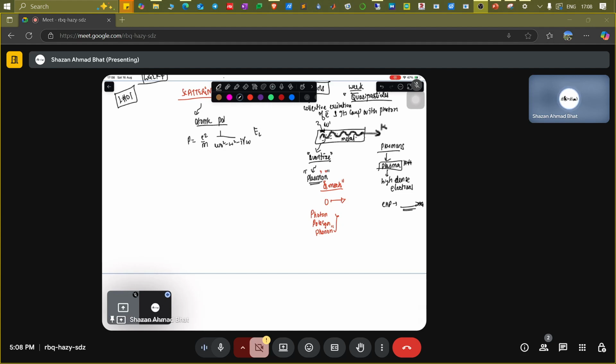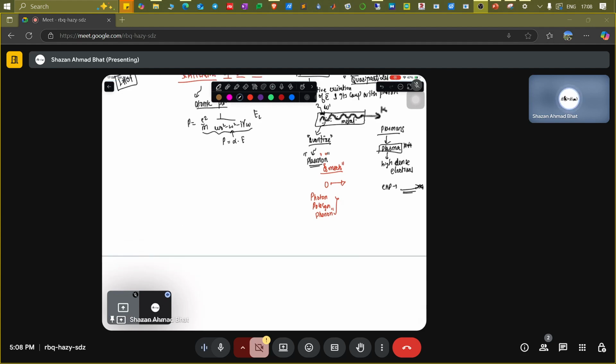The polarizability alpha times E. What this tells us is that if omega is equivalent to omega naught, the P value increases to a large value. That is the resonance condition in the system.